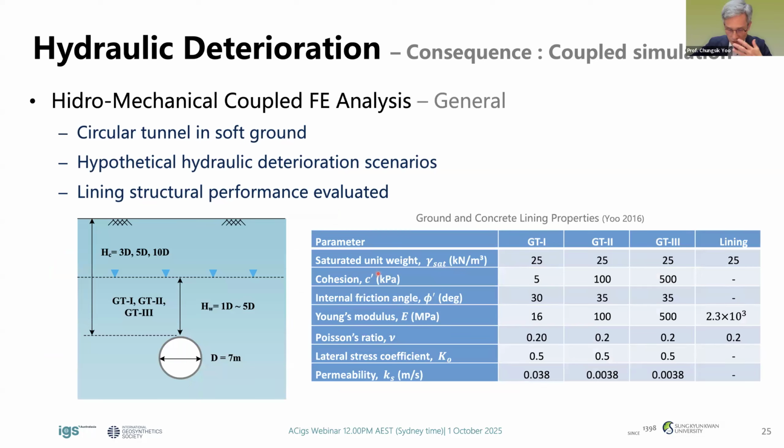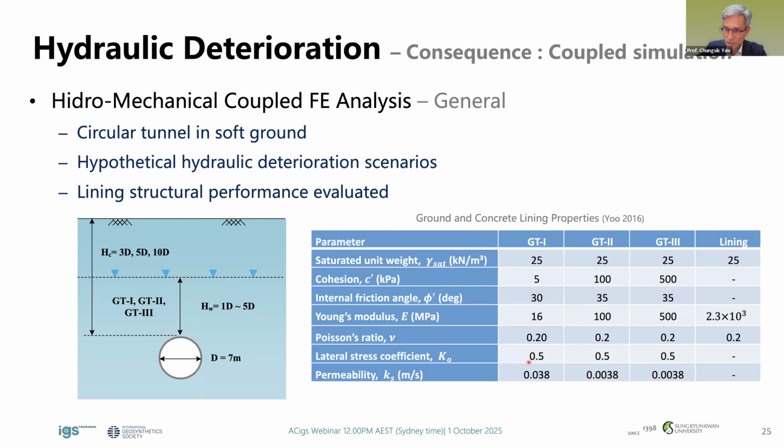Numerical simulation helps us better identify what the effects of hydraulic deterioration are. So in this analysis, we did a sophisticated coupled analysis of water and mechanical, hydraulic interaction problems.